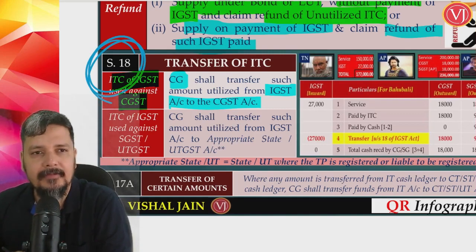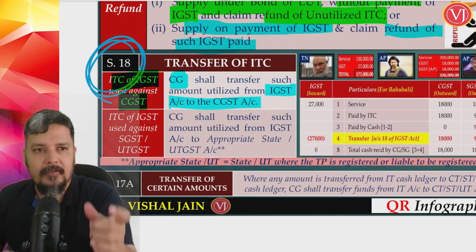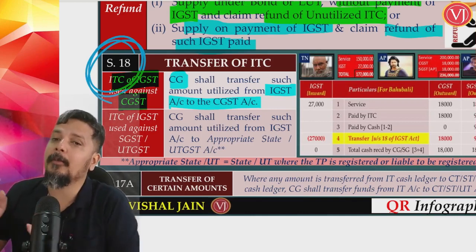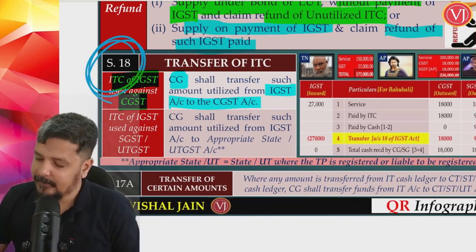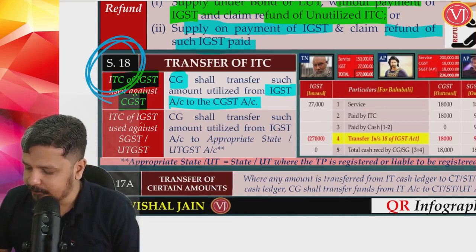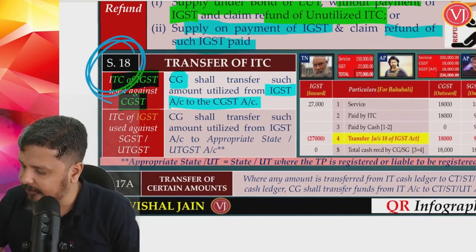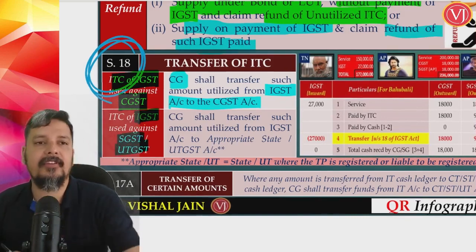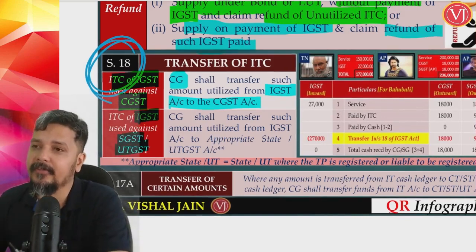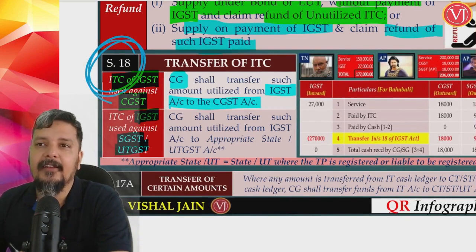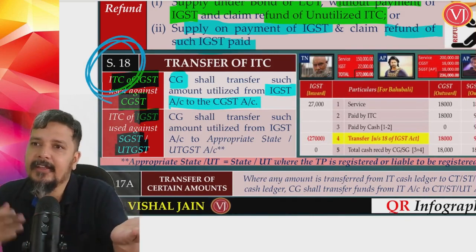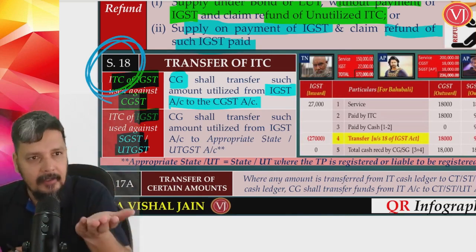So now what will happen? To make it permanent revenue, central government will transfer from IGST to CGST. Now it becomes permanent revenue of central government. Now the opposite scenario: IGST is used against SGST or UTGST. Now understand that for IGST revenue, when I say credit, obviously central government would have got that amount earlier.